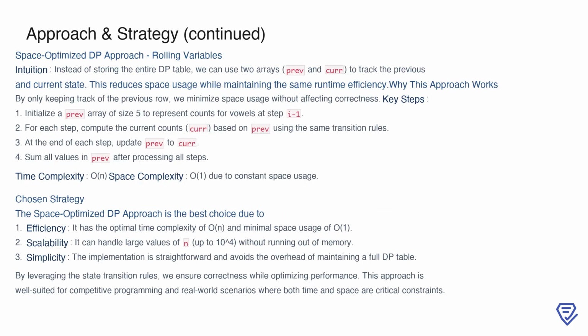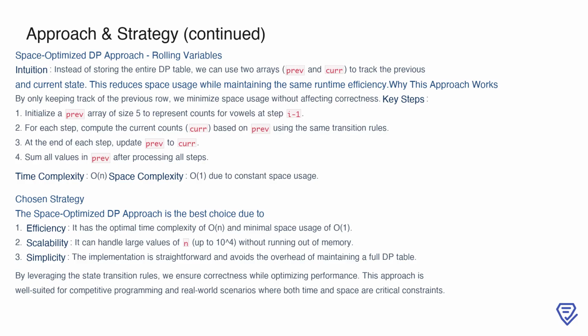To further optimize space usage, we can implement a space-efficient version of the dynamic programming solution by using rolling arrays. Instead of storing the entire dp table, we only keep track of the previous state and the current state as we iterate through the transitions. This is done using two arrays, previous to represent the counts for vowels at step i-1, and cur to compute the counts for the current step i.